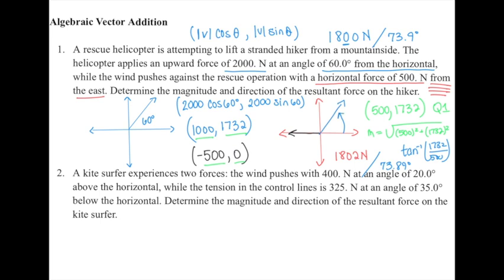How would I write that using north, south, east, and west? You could say above the horizontal. You could say north of east, correct? Both of those are valid. They told me a horizontal. They told me from the east. So you could say 73 degrees above the horizontal. That's fine. Or you could say north of east. Either of those would be correct.